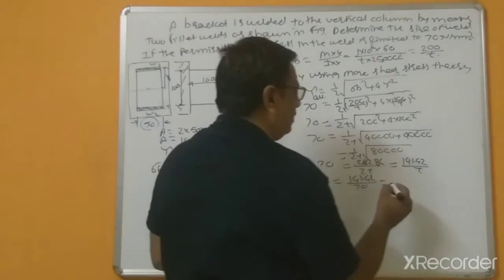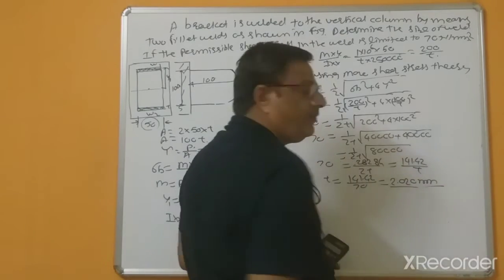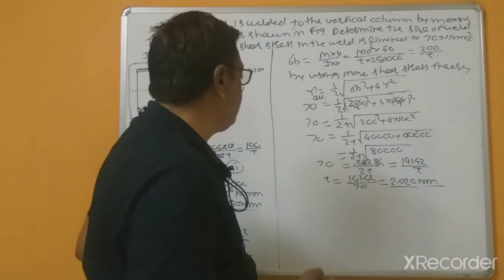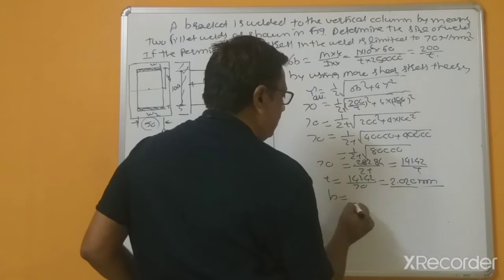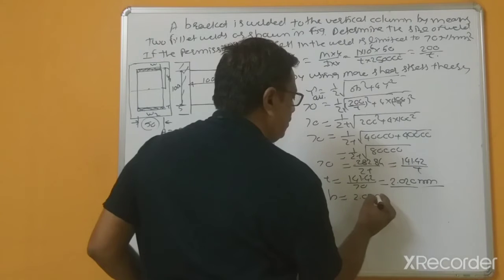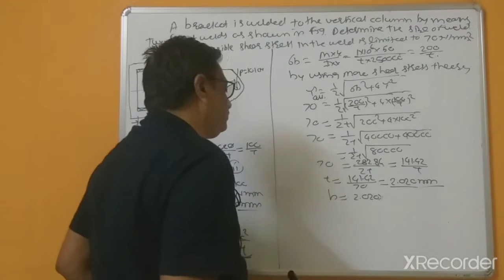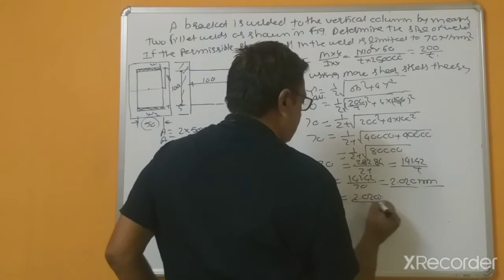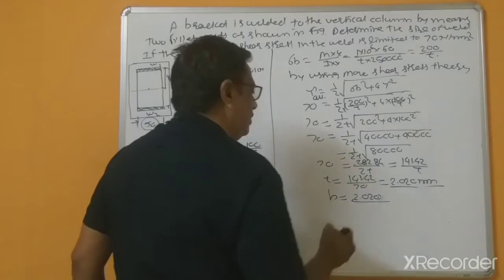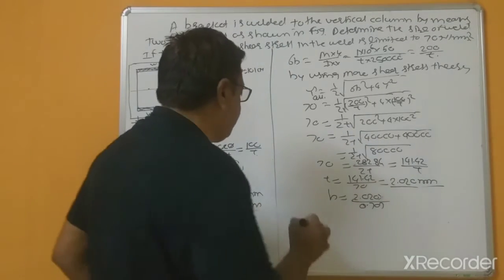That's why this is 2.020 mm, the throat required. And h equal to 2.020 divided by 0.707. This is the thickness.